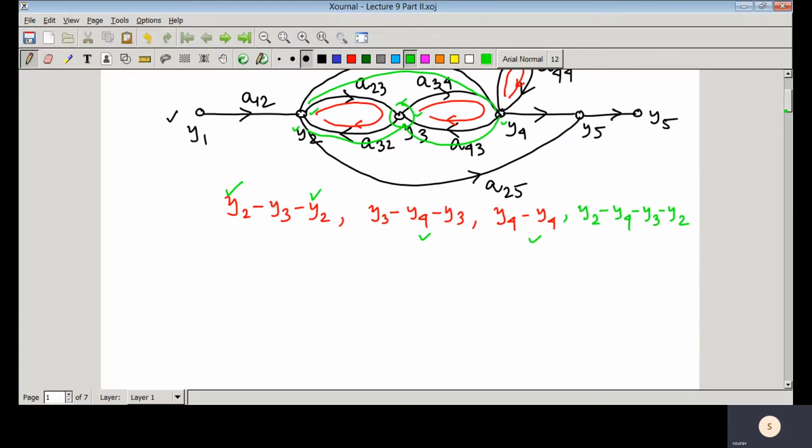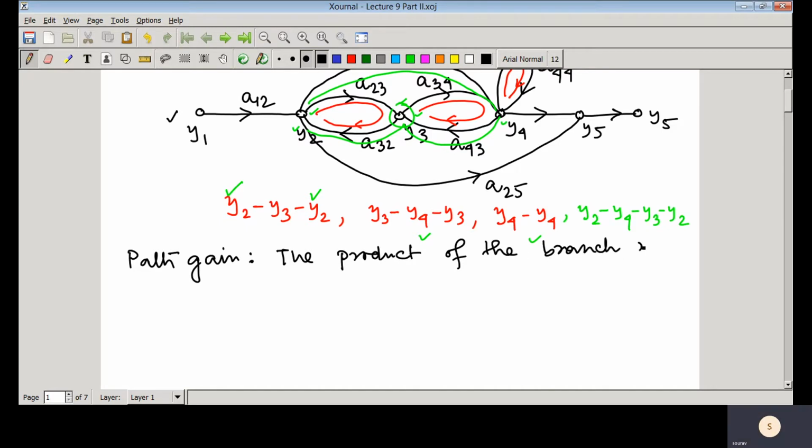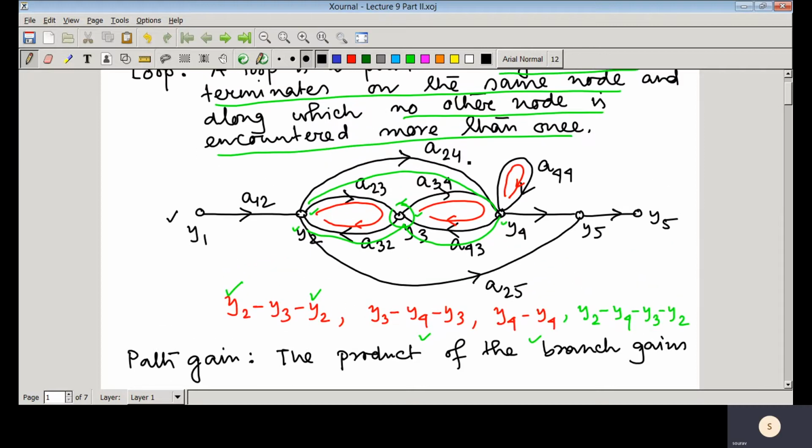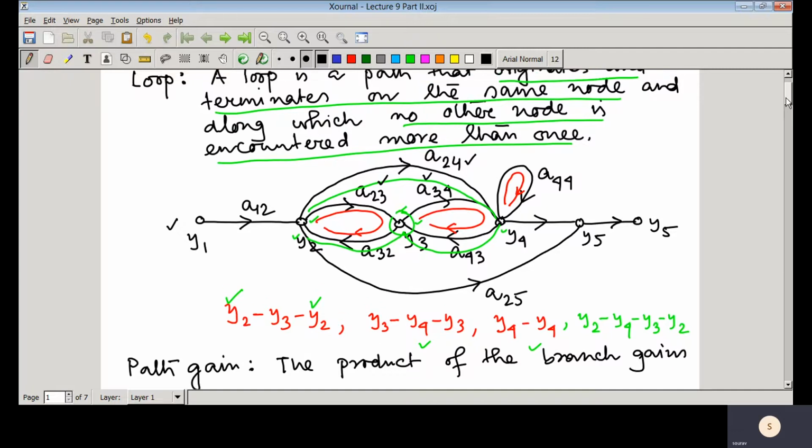So let us see the other definitions. What is path gain? We have seen what a path is. Now the path gain is the product of the branch gains. Here you can see that A24, A34, A23, these all are the branch gains.